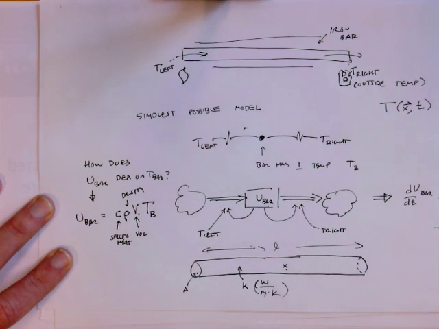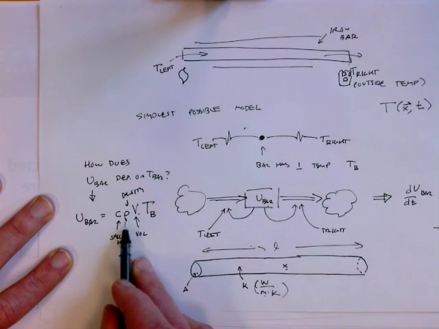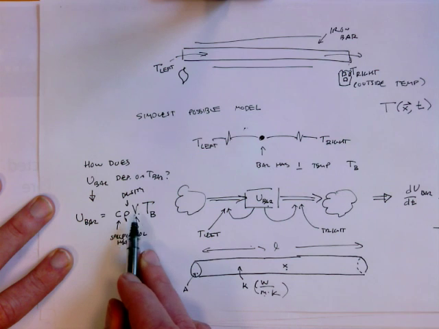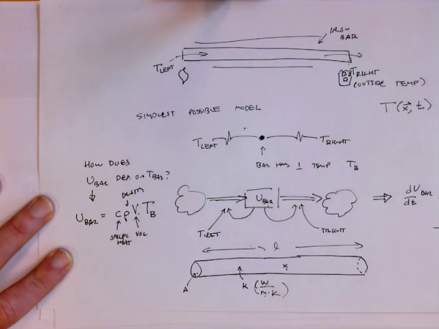Specific heat is joules per kilogram per Kelvin. So it's the amount of energy it takes to raise 1 kilogram 1 Kelvin.